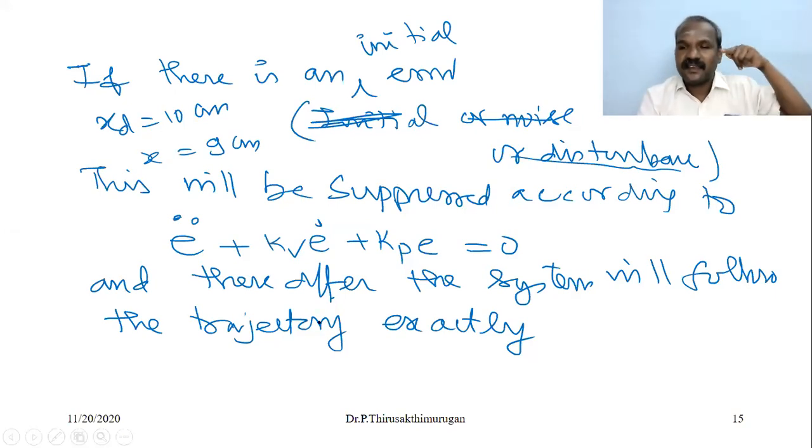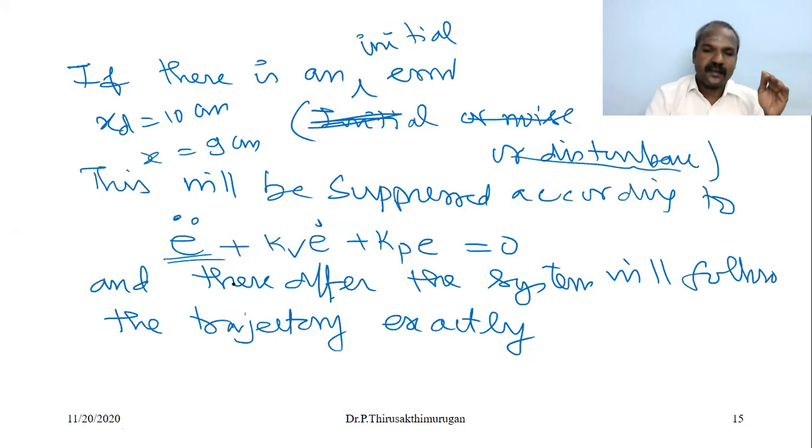We set a desired position when the controller starts to control. So initially there is an error. What is the error? 10 minus 9, so 1 centimeter is the error. So the error will be suppressed according to this law, and thereafter the system will follow the trajectory exactly, right?